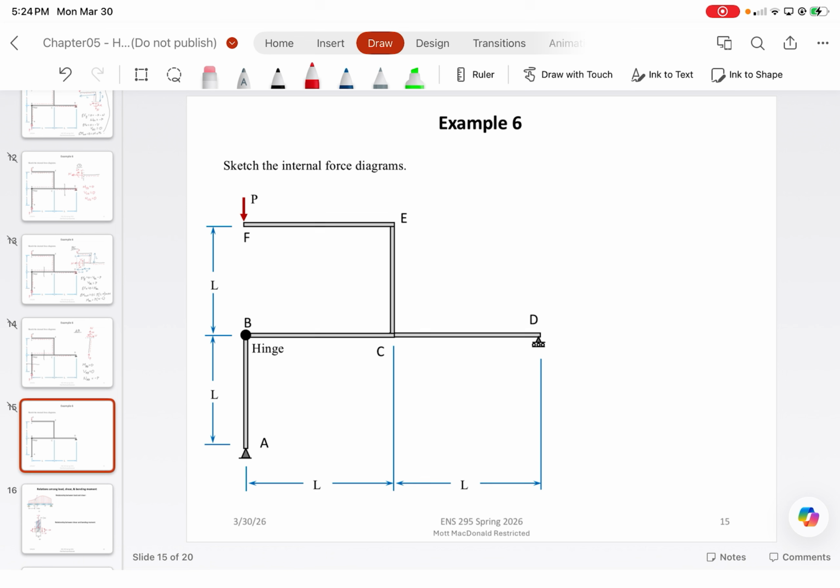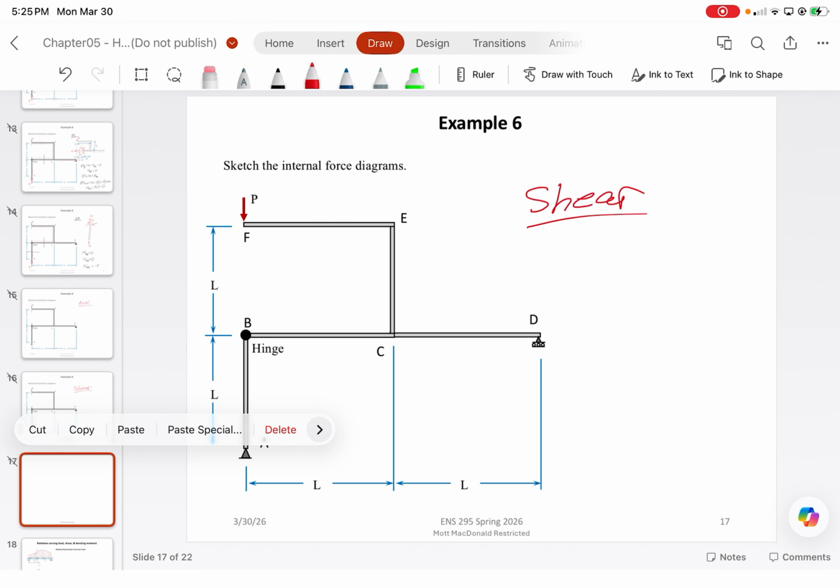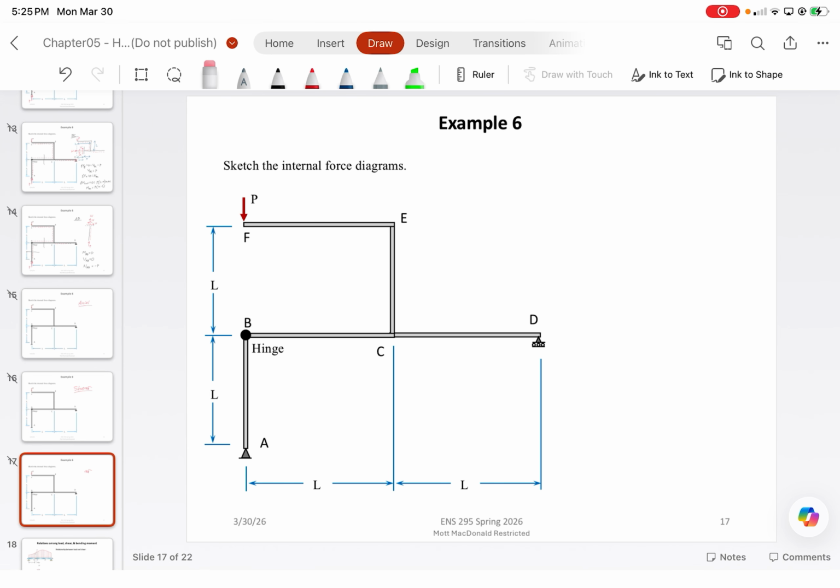All right. What was the axial force in member FE? Zero. So we'll just label that 0. What about the axial force in EC? Negative P. All right. So our axial force is going to look like this with value negative P.